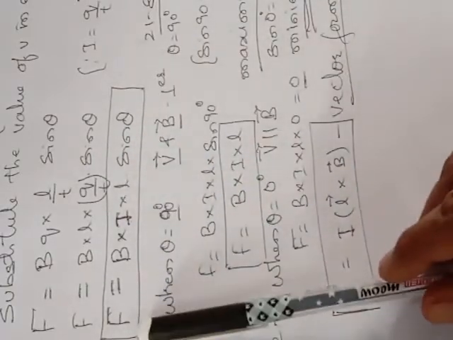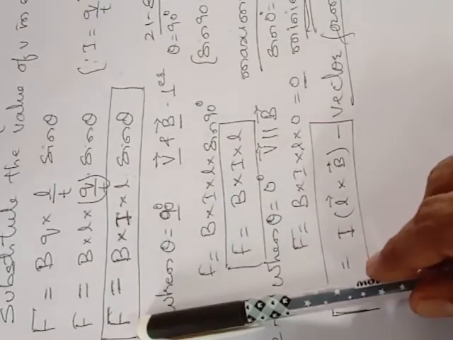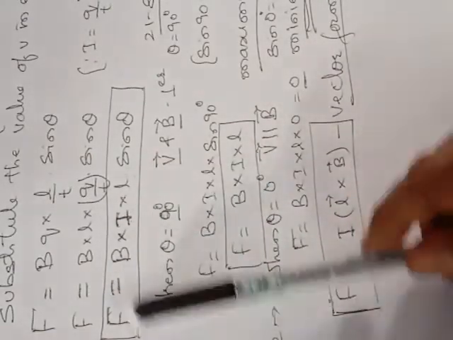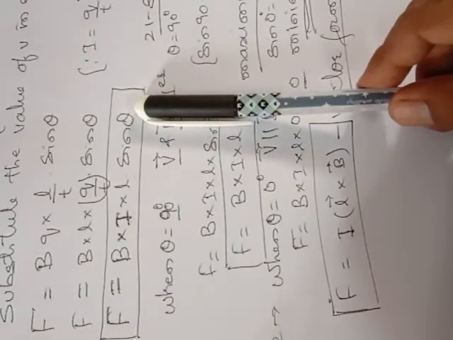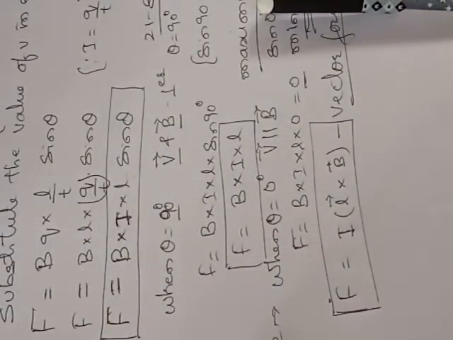BIL sin theta means F is directly proportional to B, F is directly proportional to I, F is directly proportional to L, F is directly proportional to sin theta.